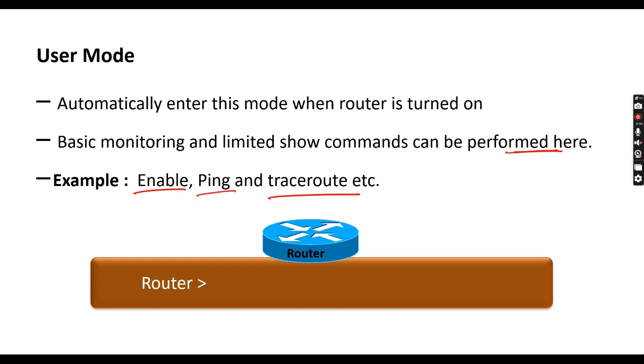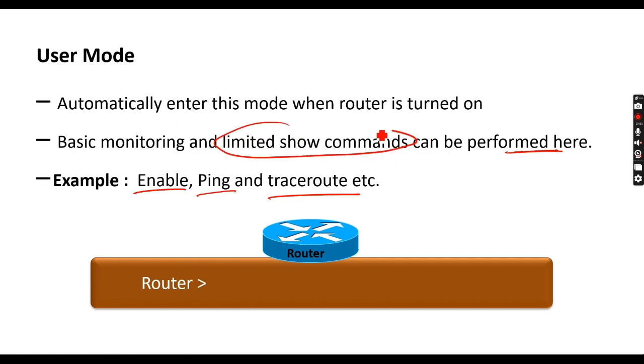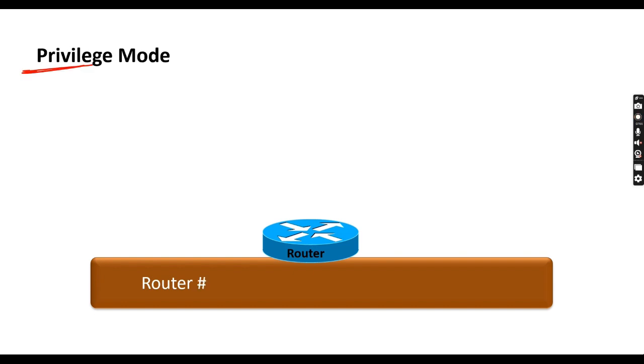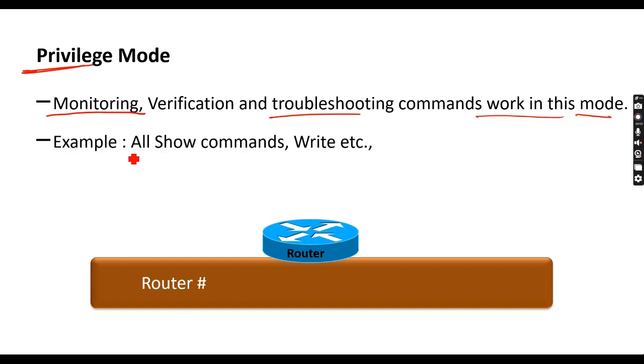Fine. Now the next mode is privilege mode. User mode is for limited show commands. What if I want access to all of the show commands? You will have to go to privilege mode. In this mode you can perform verification, monitoring and troubleshooting, all of your show commands will work, and even this command will also work.